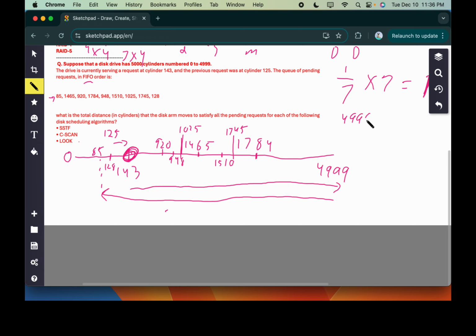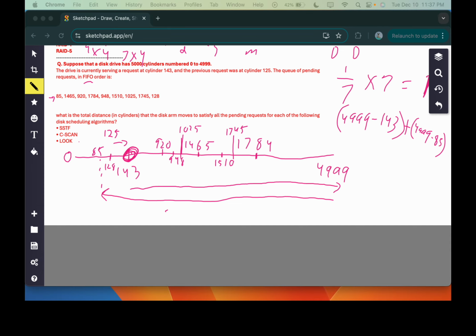So that's going to be 4999 minus 143, which gets you all the way to the front, plus 4999 minus 85, which gets you all the way to the back.